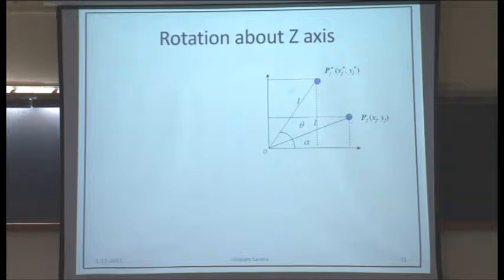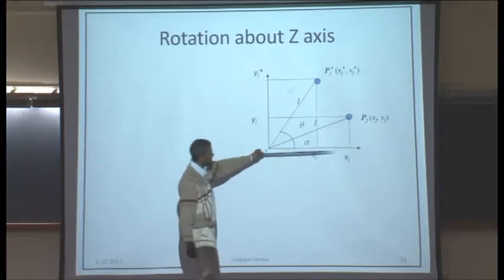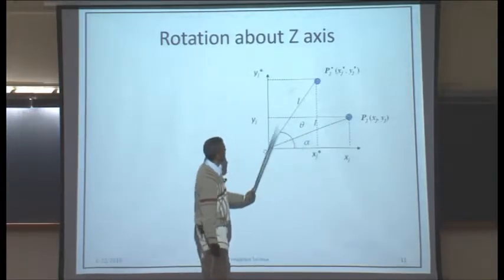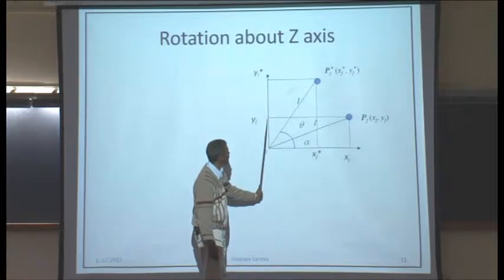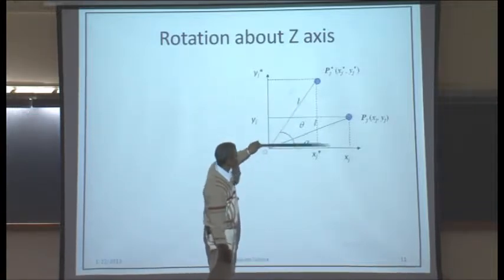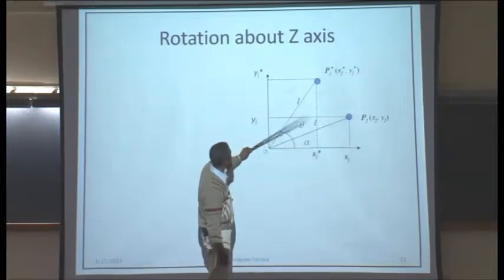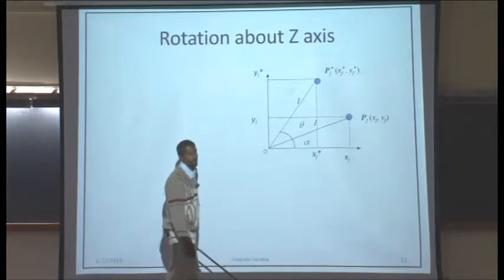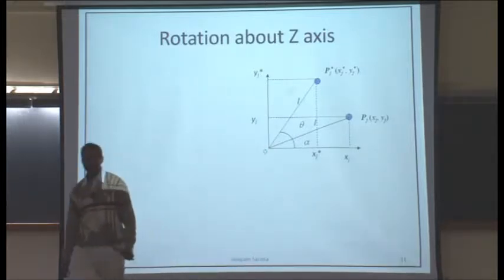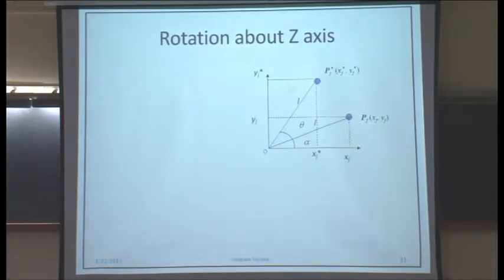Have you come across this before? Yes or no? Straightforward? So this horizontal projection is xj, the x coordinate of pj. This vertical projection is yj, the y coordinate. This horizontal projection is xj star, this is yj star. Given the angles theta and alpha, can you relate these projections? You can.